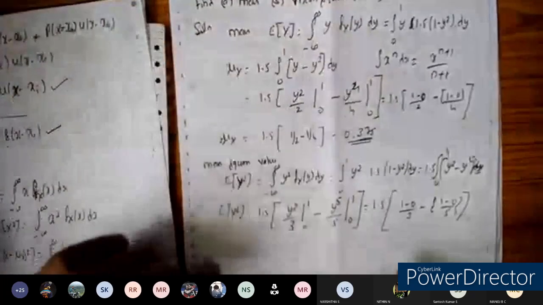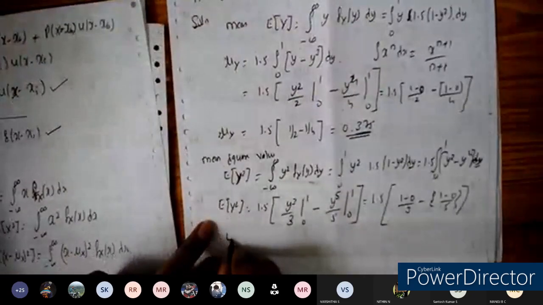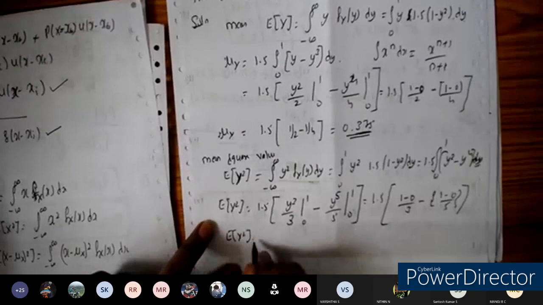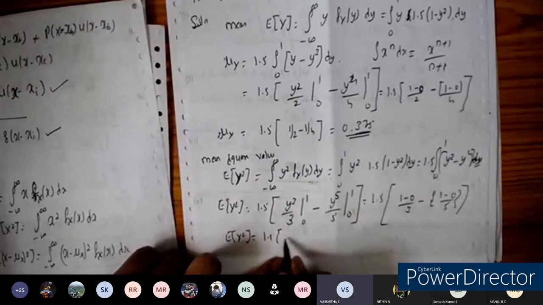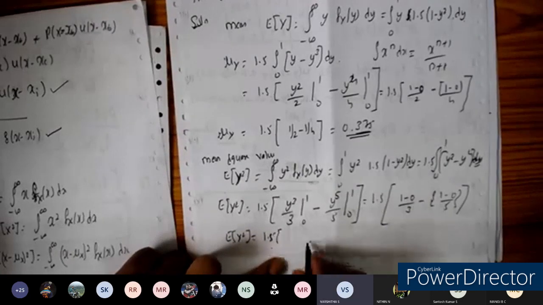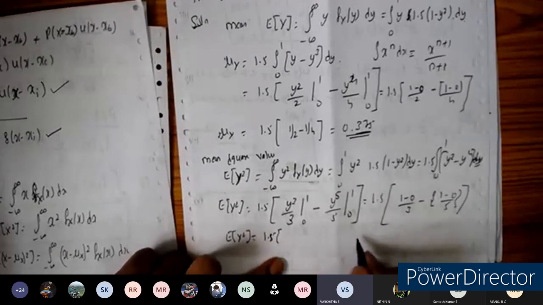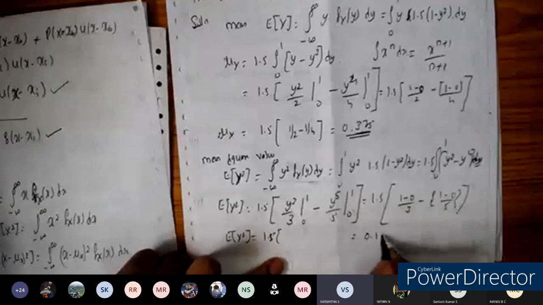So this will become 1.5 into 1 by 3 minus 1 by 5. What is that? 0.199.